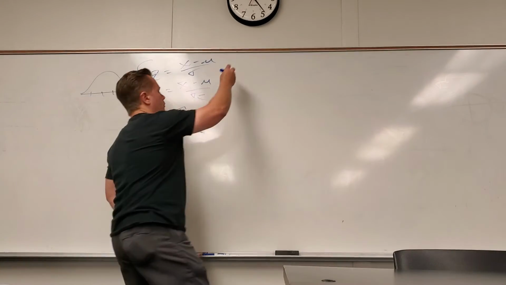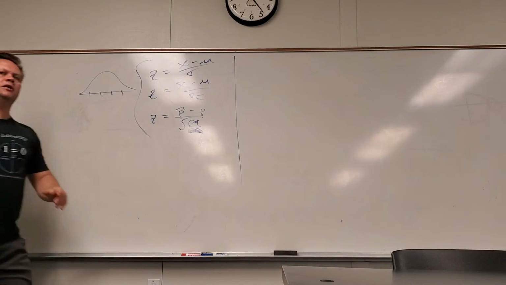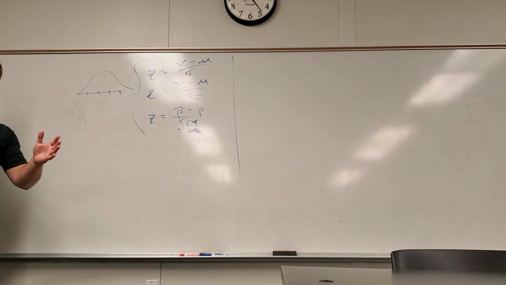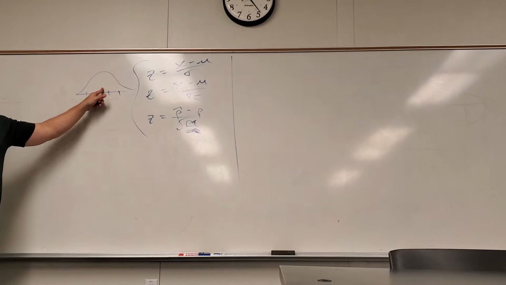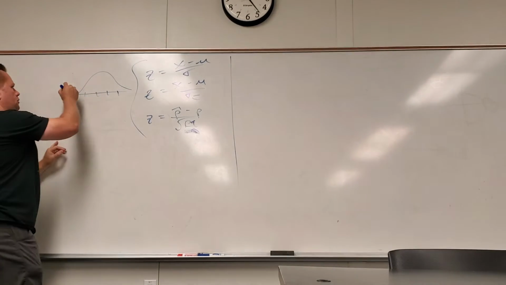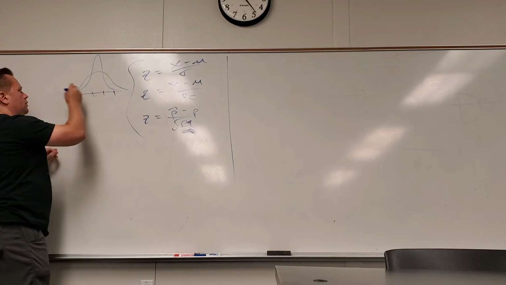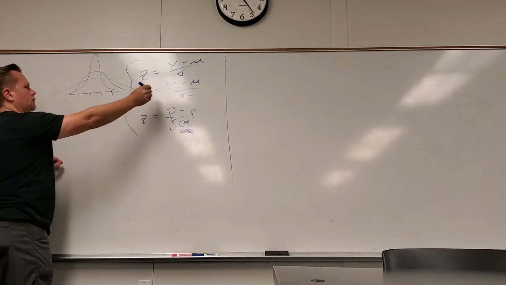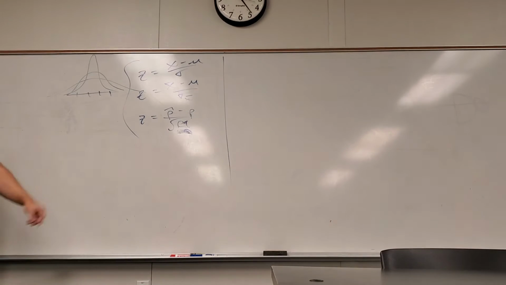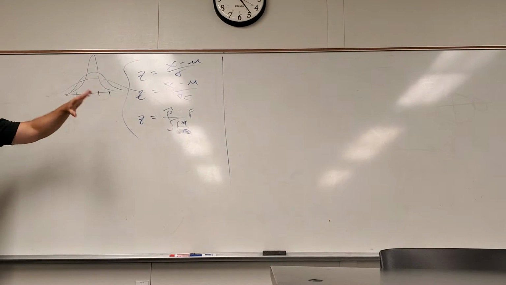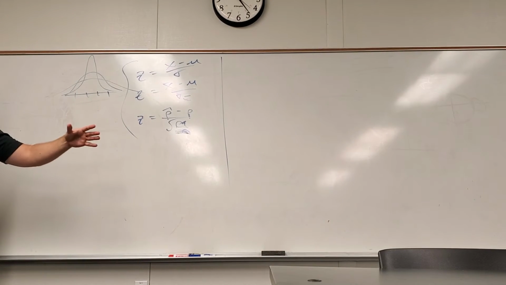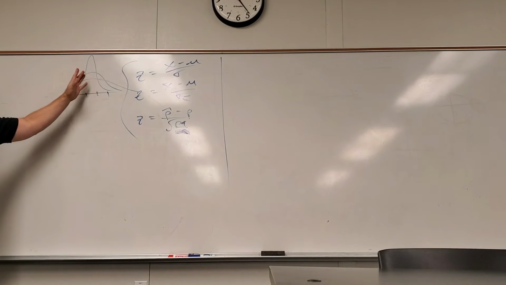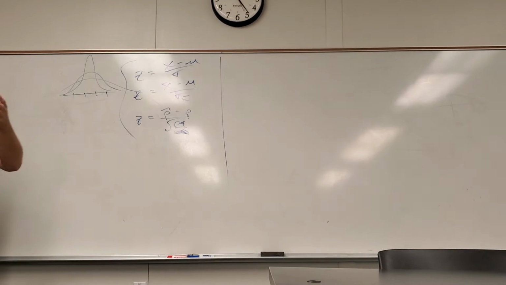So what we're about to do, and the discussion I had before to get you ready for this chapter, was: what determines the shape of this? What determines whether it's going to be really skinny or really fat? Standard deviation. And this is how z-scores are distributed in a normal curve. And the shape is determined by these standard deviations.